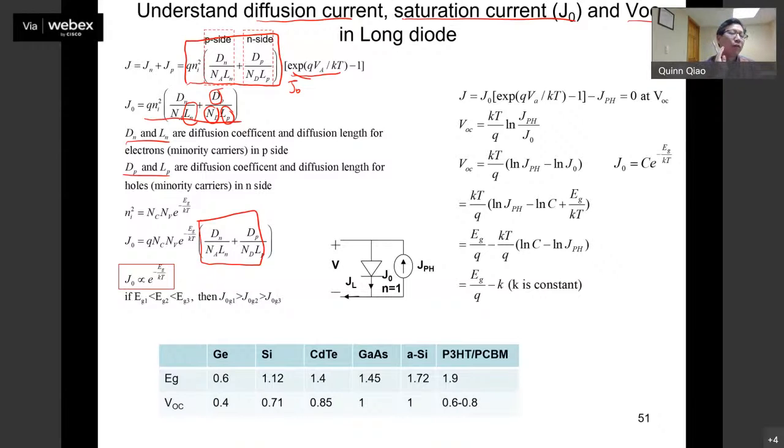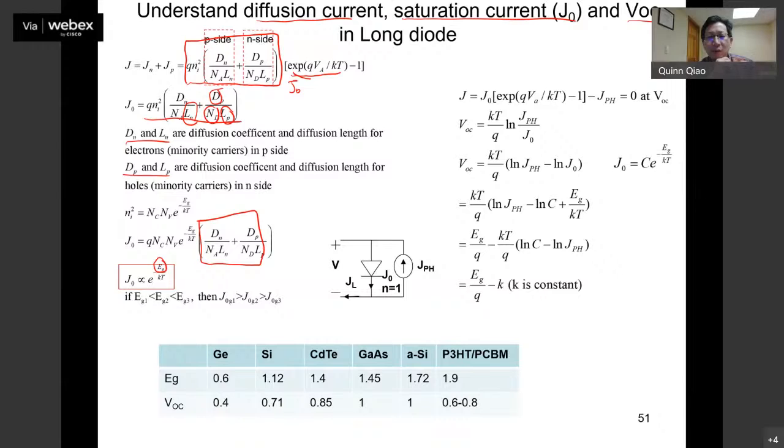And then if you just assume the junction can be controlled with good quality, then J0 will depend on band gap. Okay, band gap. Now if you have three band gaps, EG1, EG2, EG3, the band gap increases. You will see that when the band gap increases, the saturation current, right, decreases. That's why J0 of G1 will be bigger than that of G2, bigger than that of G3, because G3 has a larger band gap than G2 and G1. Okay, that's it.